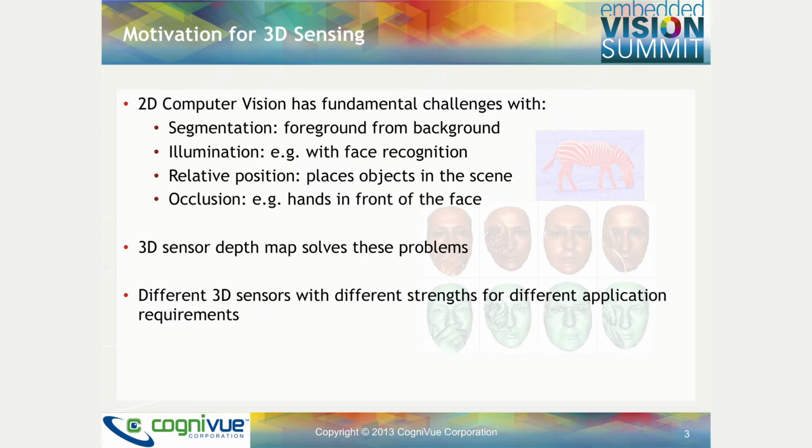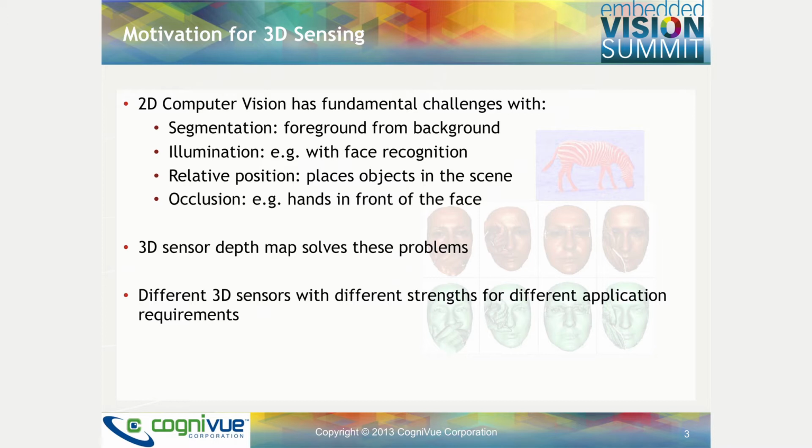Illumination, particularly for things like face recognition: the impact of how the face is lit is huge, and this is something that really goes away when you use a 3D sensor. Judging the relative position of objects within an image frame: is that a really short person up close or a really tall person far away? 3D sensing, again, helps with that.